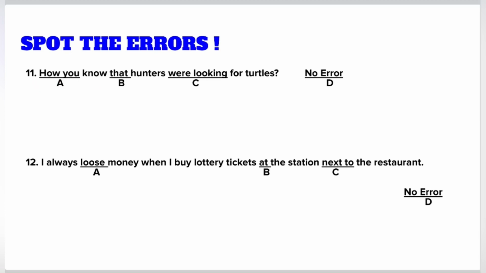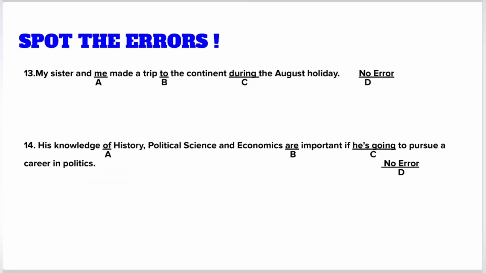Number 12. I always lose money when I buy lottery tickets at the station next to the restaurant. Very good. The answer there is A. We don't want to use the word loose. The spelling we're looking for is L-O-S-E, lose.